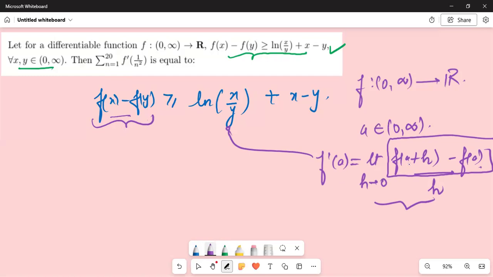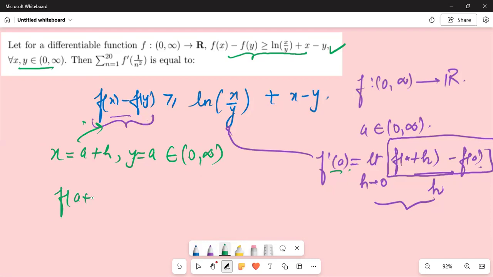So let us say that we are evaluating the derivative at the point a only, and let x be a plus h and y be a, and substitute this in this formula. a is greater than 0, a plus h is also greater than 0, so it is in this 0 to infinity only. Now you can substitute the value of x and y here in star.